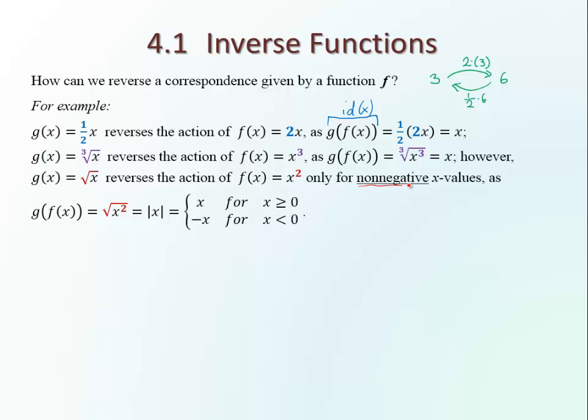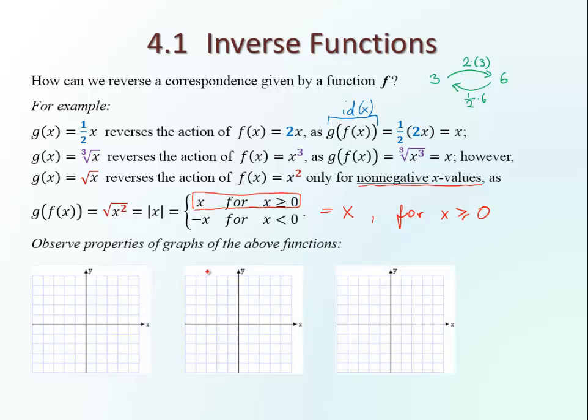Since we restrict our domain to non-negative values, which means this branch, our composition for non-negative values is actually just x, and yes, that means that the composition ends up to be identity. However, that works only for non-negative x values, for x bigger or equal to 0.